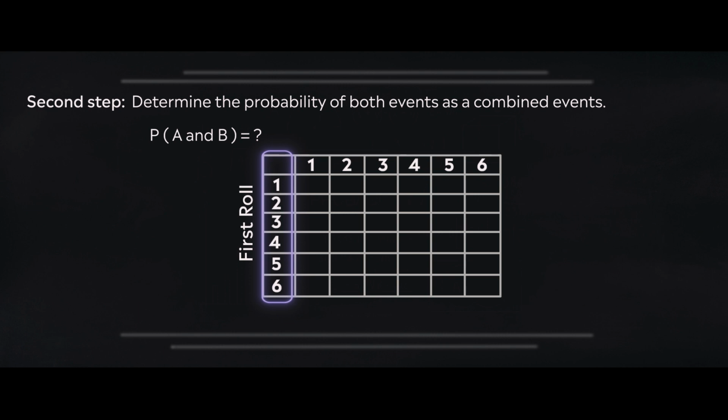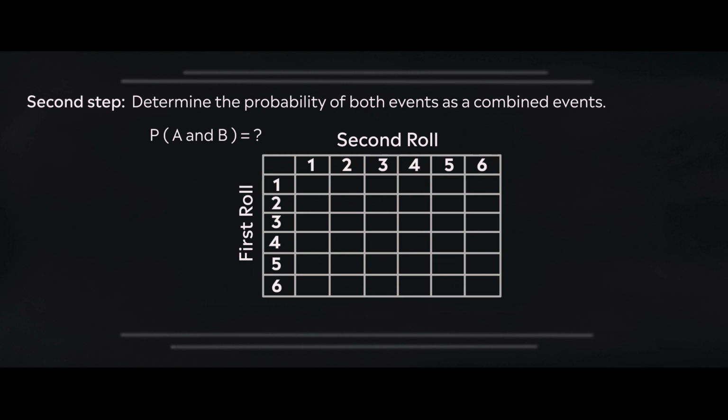Similarly, when you roll the same die for the second time, again you have 6 possible outcomes as 1, 2, 3, 4, 5, 6. So I have kept the second roll horizontally and the first roll vertically. So these are the list of all possible outcomes.